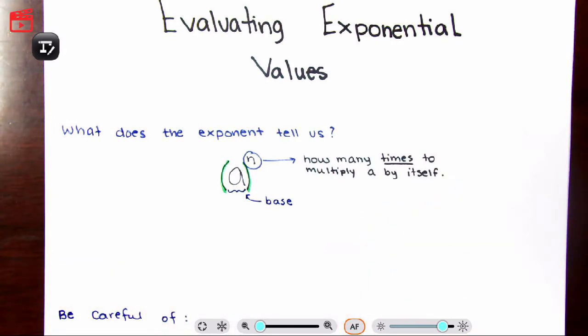Now, I underline the word times because times is kind of like a hint of what you're supposed to do. So how many times you're going to write that base, meaning you're going to be multiplying it that many times.